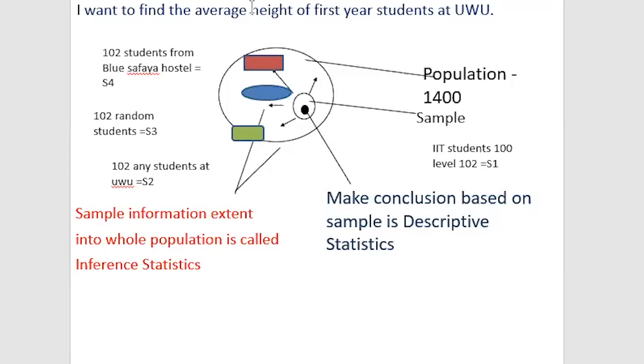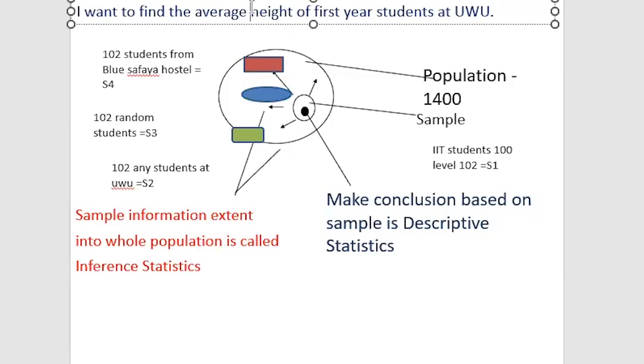Out of the 4 samples, you can suggest what are the possible sample or samples to achieve my target. Any answer? Quickly. Sample 1, 2, 3, or 4? Or all 4?